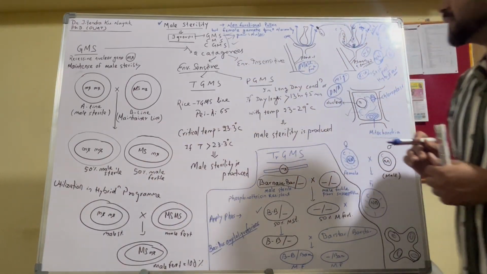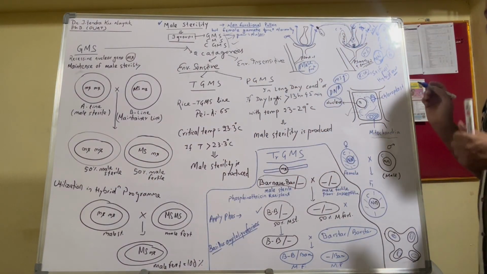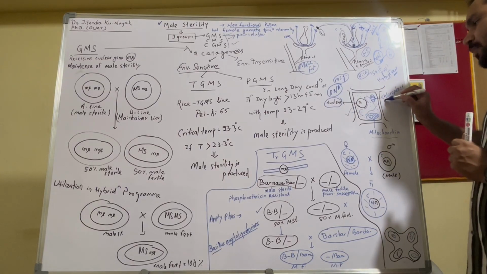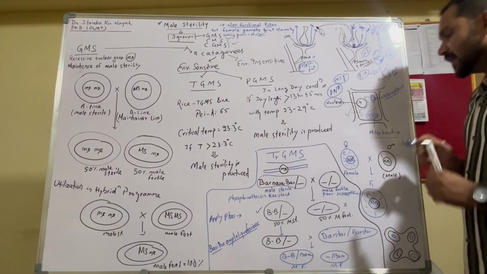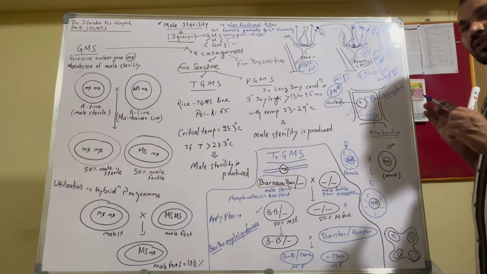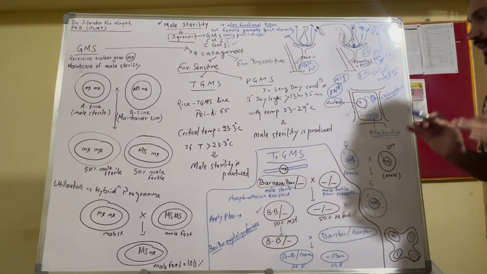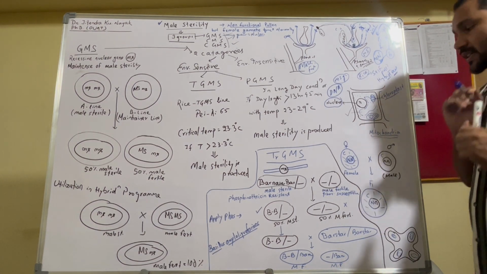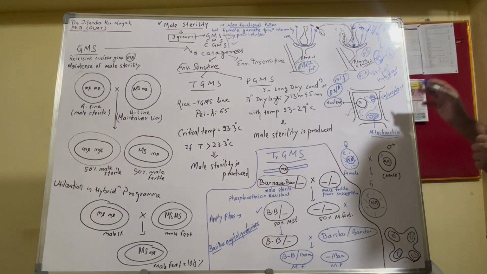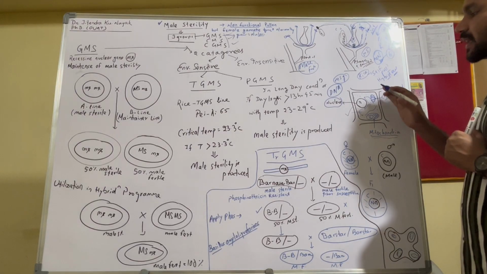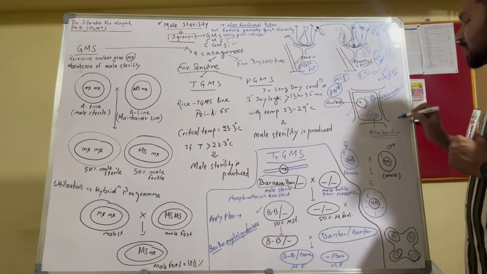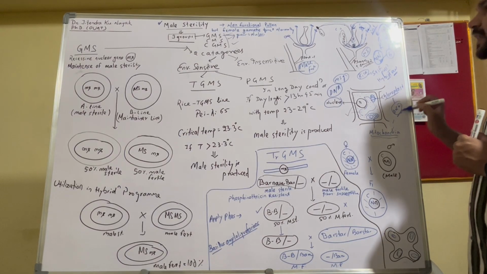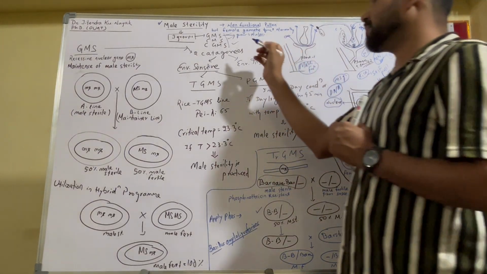Then next, there are 2 cytoplasmic organelles. One is the chloroplast, which is present in the cytoplasm, and another is the mitochondria, which is also present in the cytoplasm. Now if this DNA is present either in the chloroplast or in the mitochondria, it is called cytoplasmic male sterility.